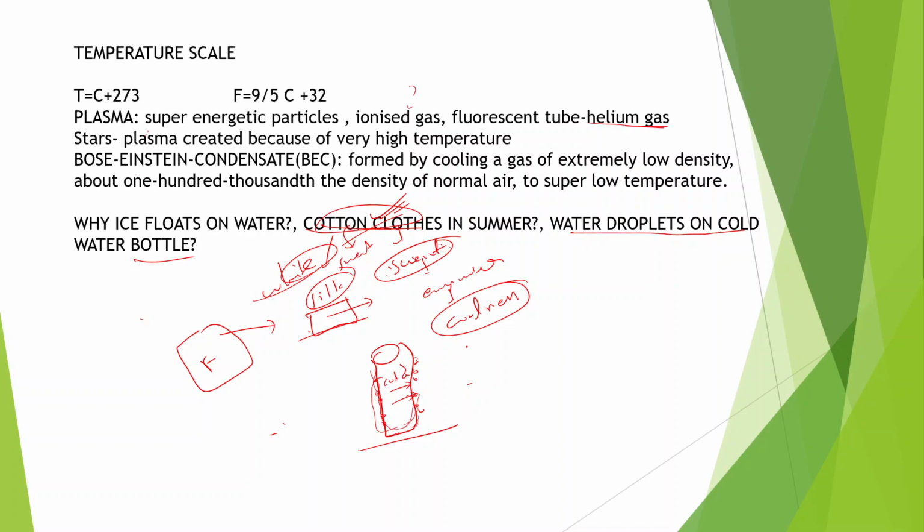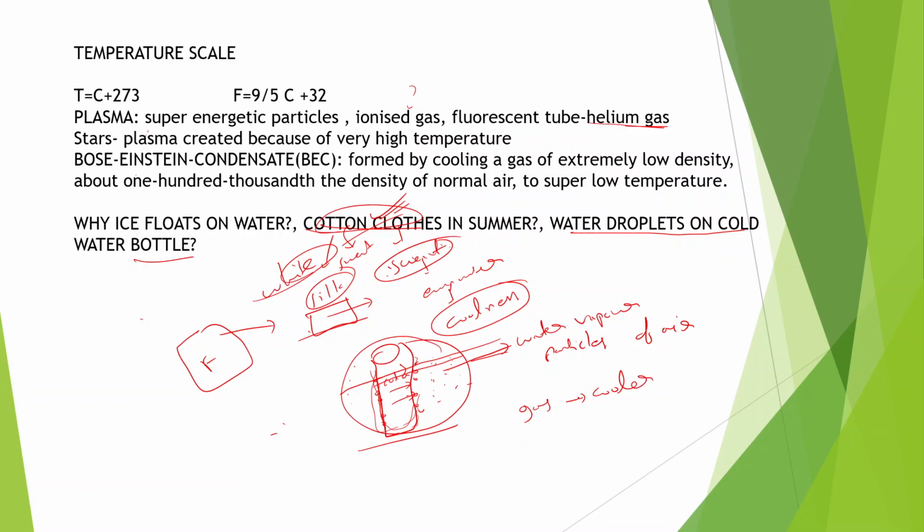How is this possible? Because the surrounding air has particles, and these particles carry some water vapor. We already knew that water vapor is absorbed by particles of air. When these particles of air touch the surface of this water bottle, the gas will become cooler.